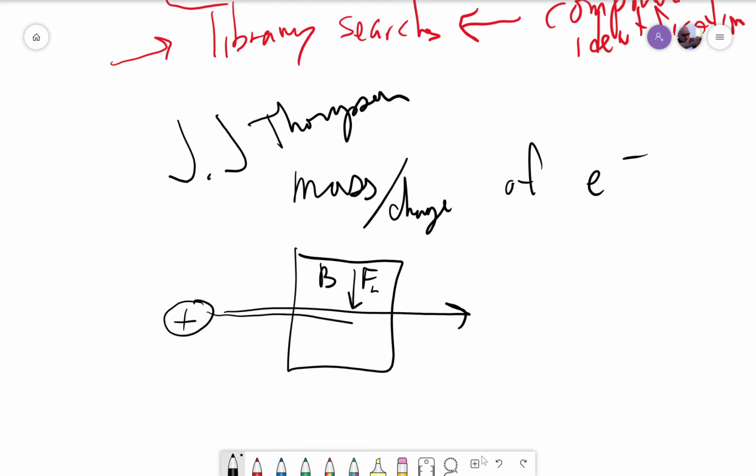This means that ions will be, well, effectively blown off of a straight line course. They will be deflected by the magnetic field. The amount of the deflection is inversely proportional to the molecular weight. That's not illogical.